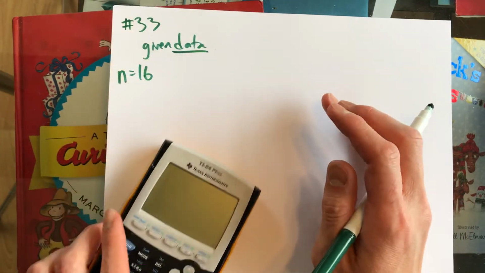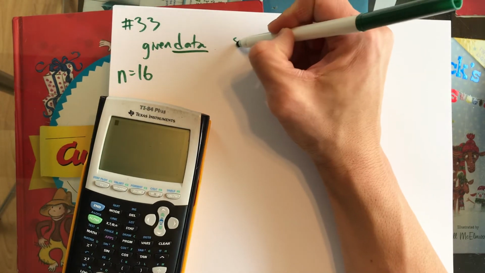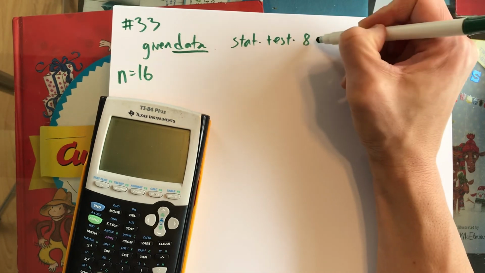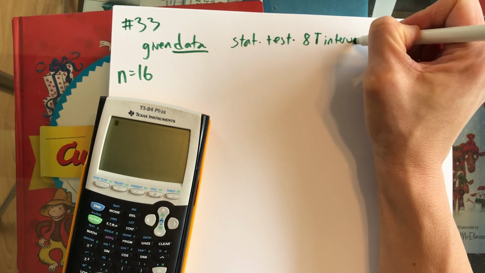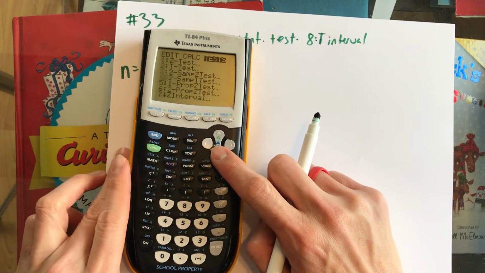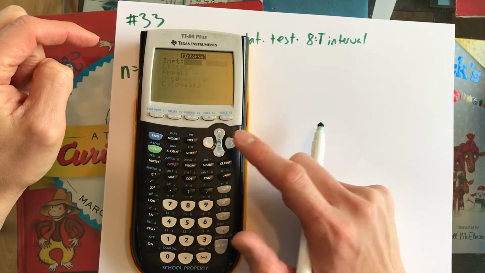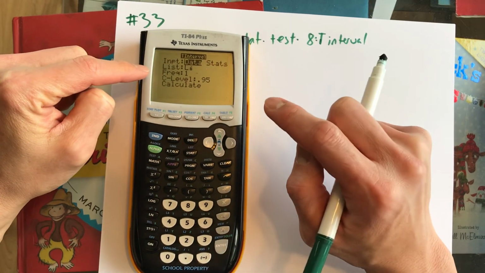You're going to go to the same place. If you're going to do this by calculator, you're still going to go to stat, test, 8, t interval. Now notice you'll see an option that says data. You're going to click on that, and then you're going to specify which list you're going to pull that data from.